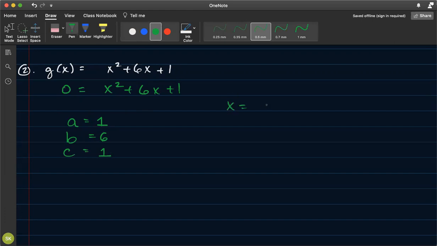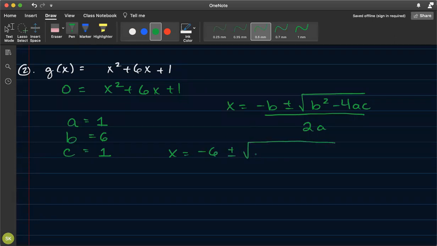The quadratic formula is the opposite of b, plus or minus the square root of b squared minus 4ac, all divided by 2a. Now just plug all of those pieces in. So we get negative 6 plus or minus the square root of 6 squared, which is 36, minus 4 times 1 times 1, all divided by 2 times 1.